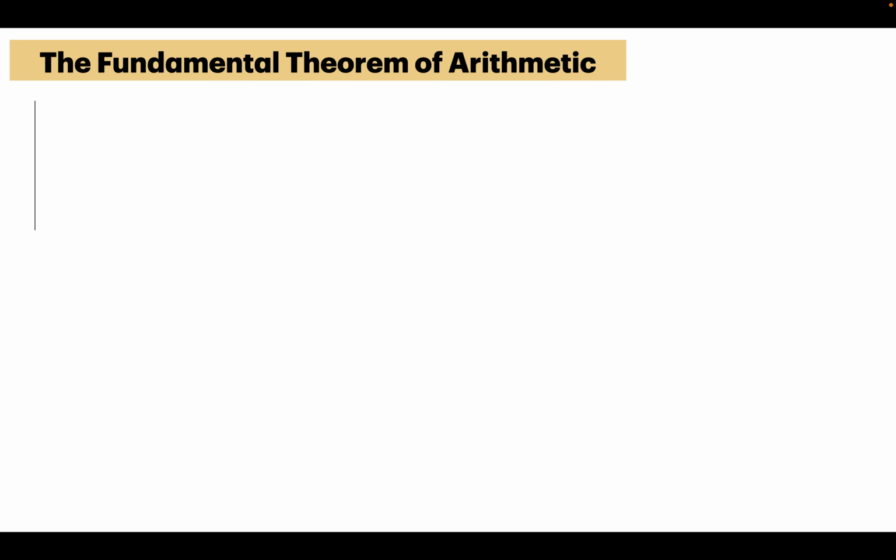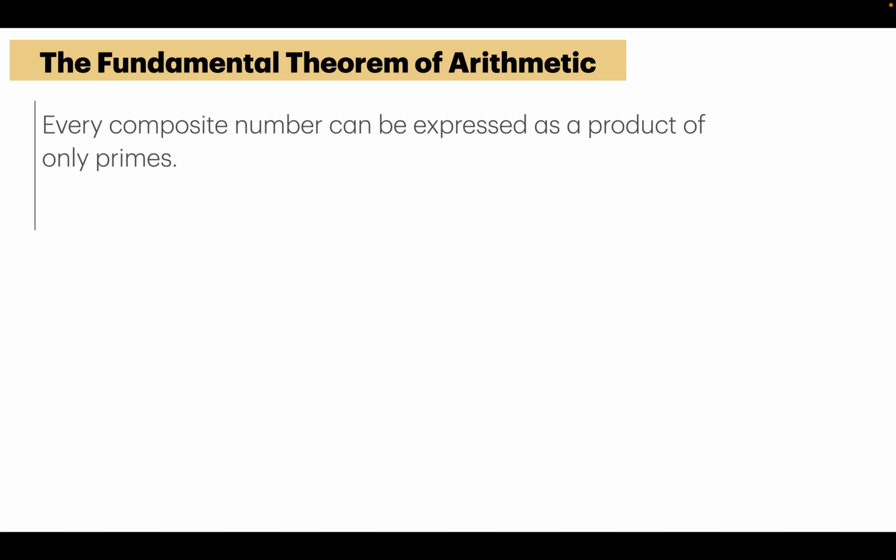And then we get to the theorem, which is that every composite number can be expressed as a product of only primes. That's what we have seen, that even if you try to multiply numbers which are not primes, for example 4 times 7 times 11, eventually if you break down or factorize the number 4, then that number is going to be a product of primes too.